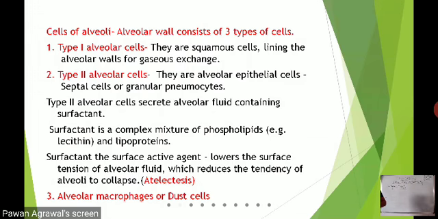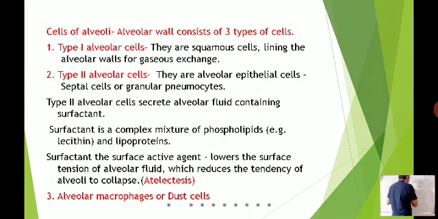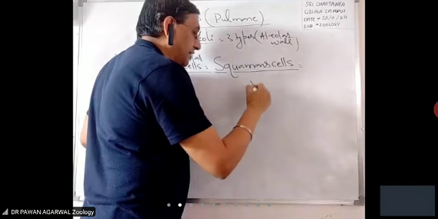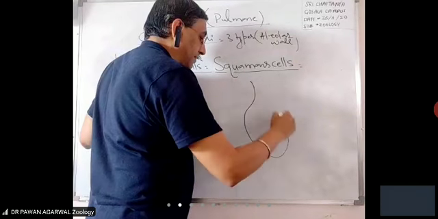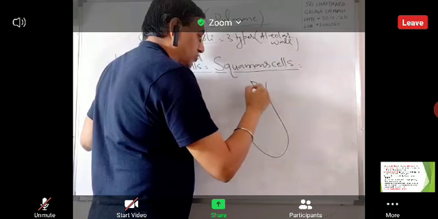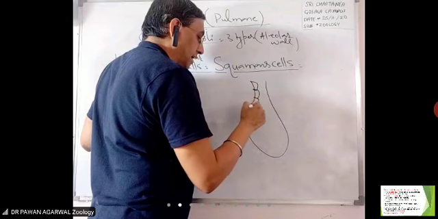Type 1 alveolar cells are the squamous cells, and they are lining the alveolar wall.